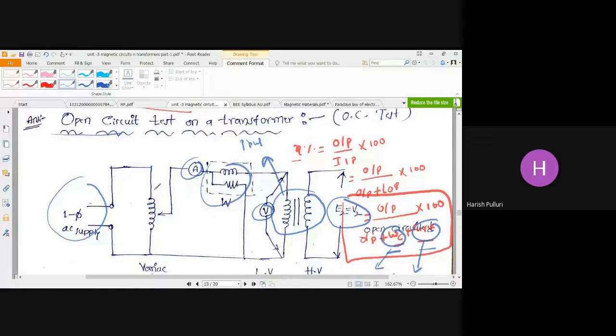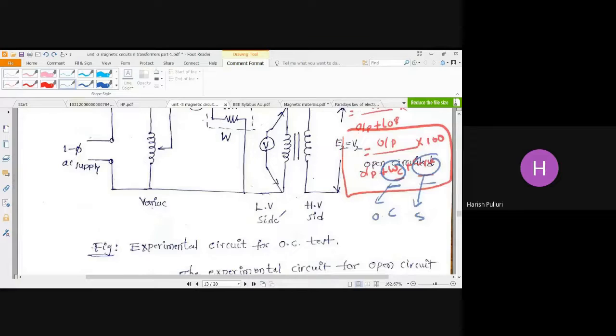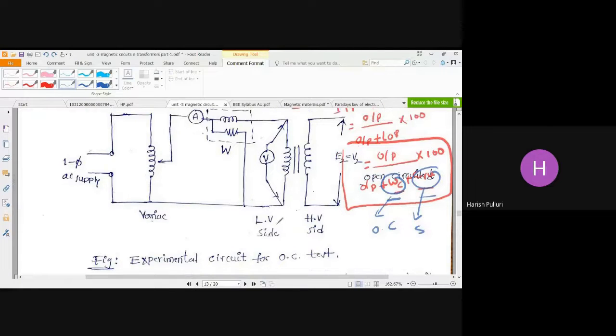So what is the procedure here? This is the low voltage side, and this is the high voltage side. That means in the open circuit test, we connect all the equipment to the low voltage side, and the high voltage side we keep open. This is a variac or auto transformer.